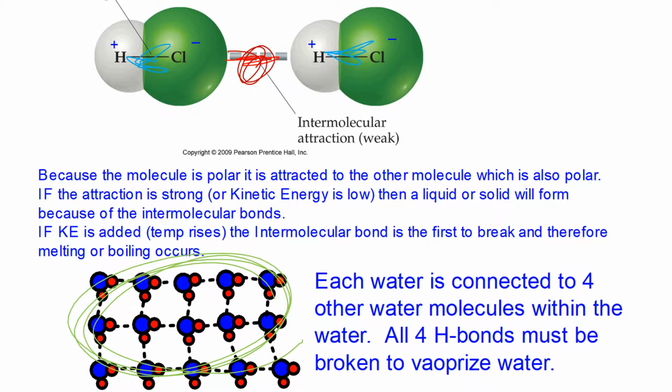When we talk about boiling or condensing or vaporizing or sublimation or anything like that, we're really talking about the bonds between the molecules, not the covalent bonds. That's a huge focus in this chapter: breaking those intermolecular bonds.